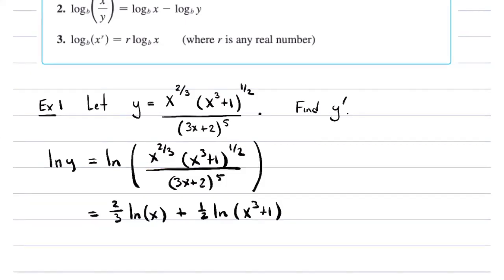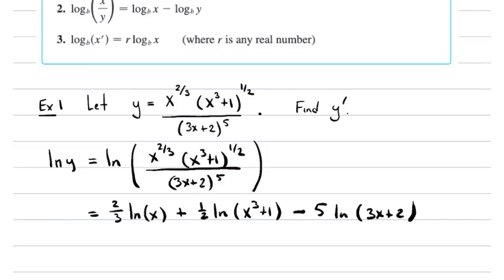That comes from this factor. And then subtract, because of the division, 5 times the natural log of 3x plus 2. That comes from the bottom factor. The 5 is now the coefficient, and it's a subtraction because that part was in the denominator. All right, so that's just taking the logarithm of that expression using those logarithm properties.